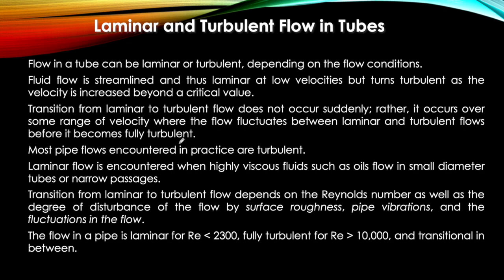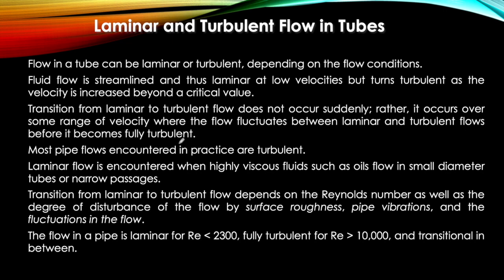Okay, so normally what you learn in fluid mechanics, the Reynolds number for laminar flow is below 2300, but for turbulent flow, a Reynolds number greater than 4000 will be considered as turbulent flow.